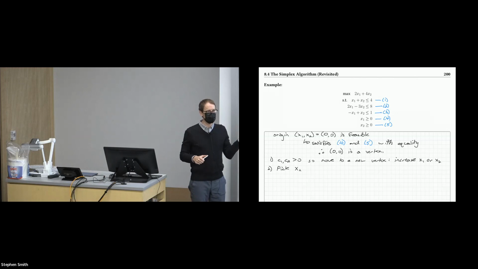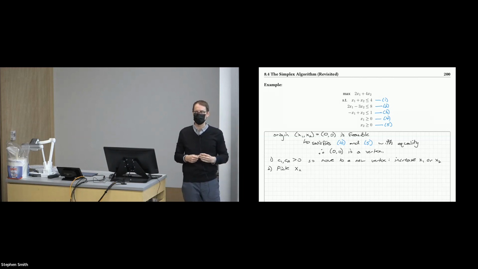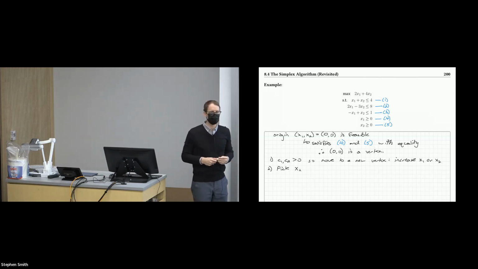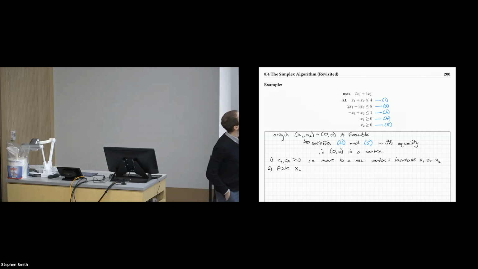And where do I have to stop? What's the x2 I get to when one of those constraints becomes active? All the x1 stuff is gone because x1 is 0.